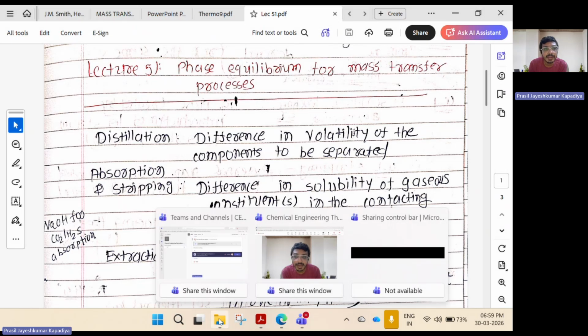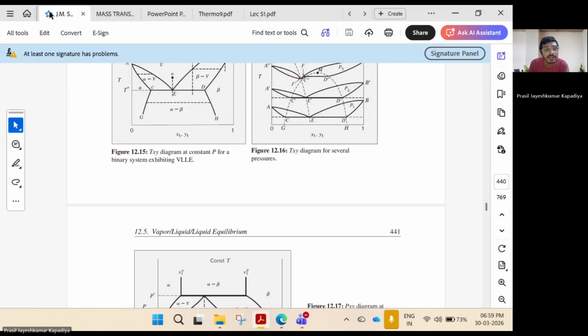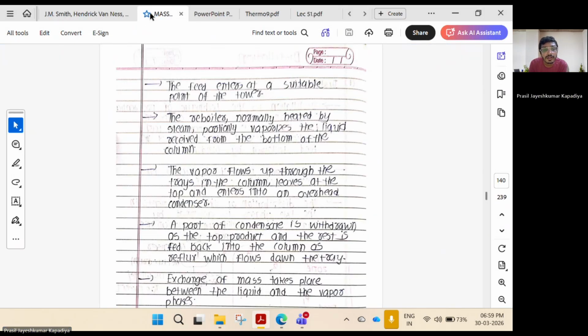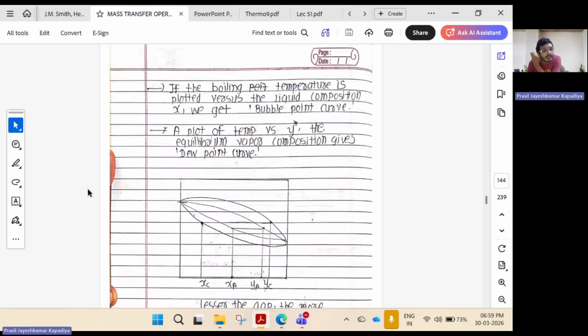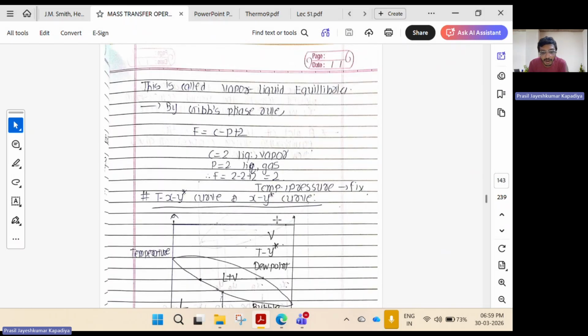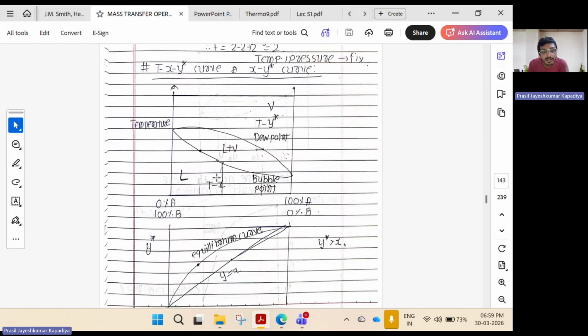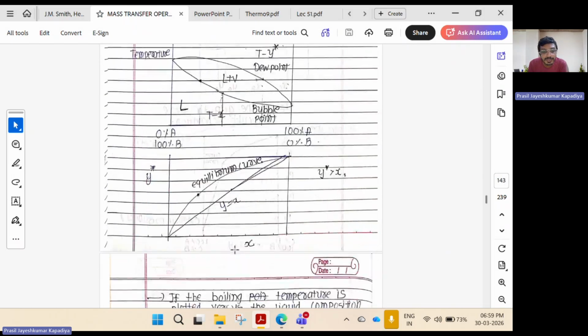Now, the second thing is, yeah, this kind of XY diagram we have generated, and these diagrams are really useful. This XY curve is our equilibrium curve. So based on that, we find the number of trays, and we assume that we have attained equilibrium at each tray.